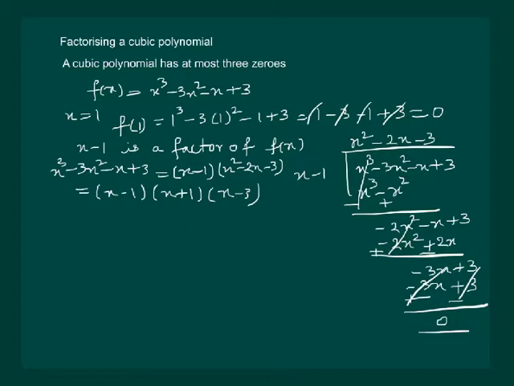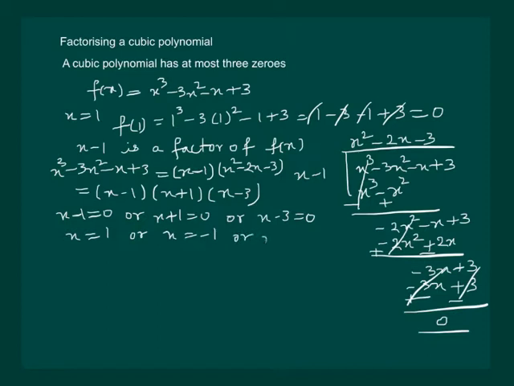Now to find the zeros of f of x, either this equal to 0 or this equal to 0 or this equal to 0, gives us x equal to 1 or x equal to minus 1 or x equal to 3, implying that 1, minus 1 and 3 are the zeros of f of x.